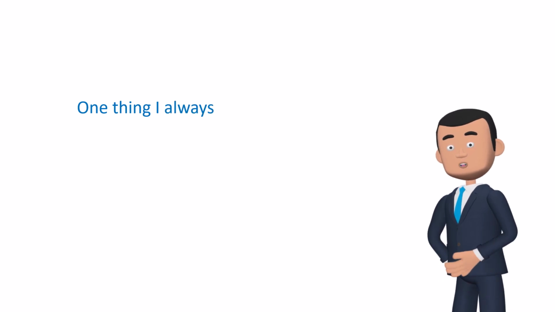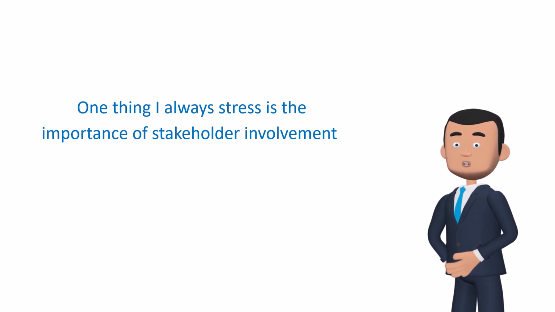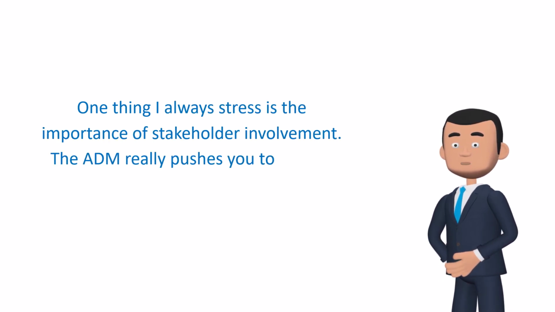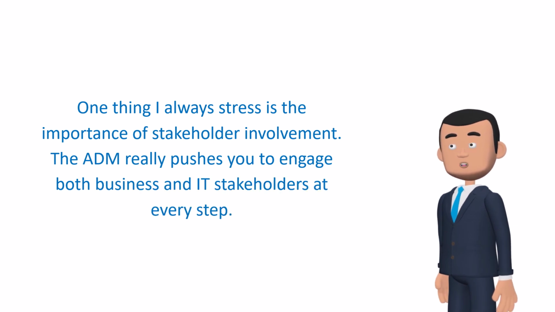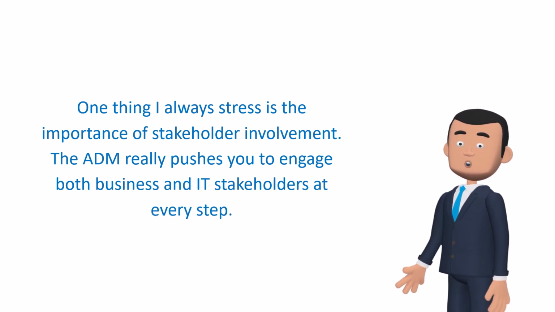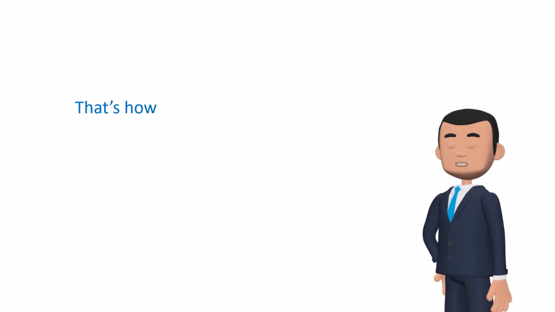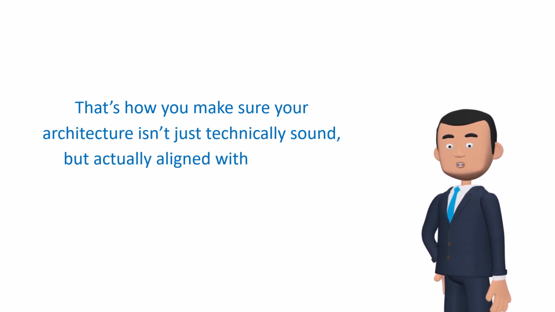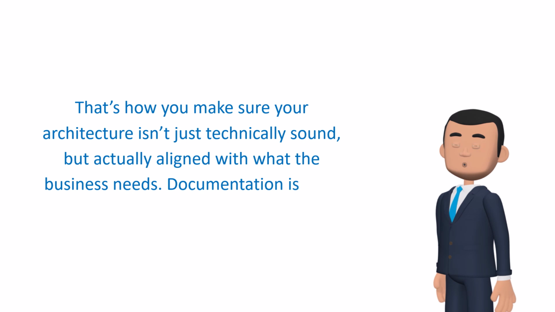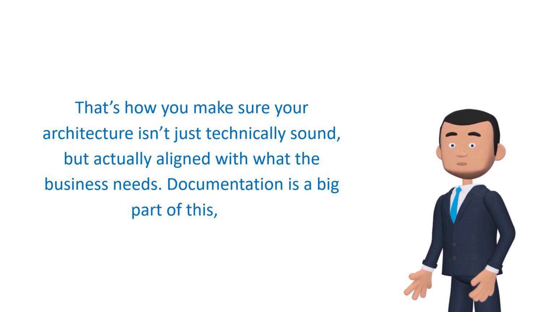One thing I always stress is the importance of stakeholder involvement. The ADM really pushes you to engage both business and IT stakeholders at every step. That's how you make sure your architecture isn't just technically sound, but actually aligned with what the business needs.